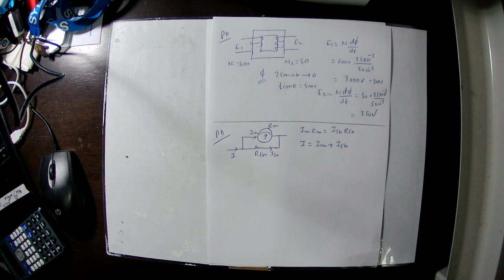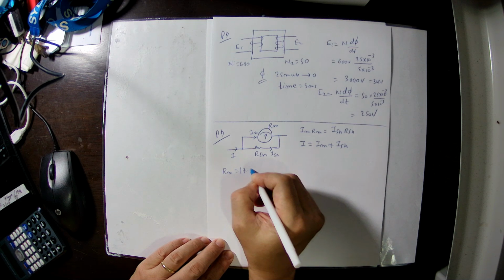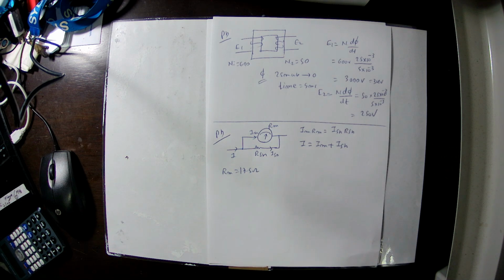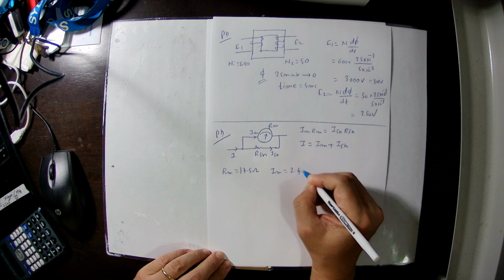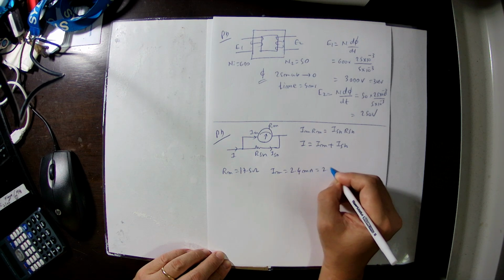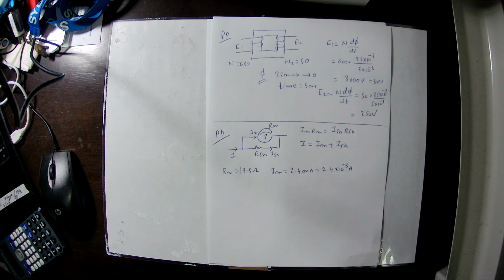Galvanometer with resistance 75 ohm, so RM is given as 75 ohm. Full scale deflection current is 2.4 milliampere, so IM equals 2.4 into 10 power minus 3 ampere. We have to calculate the resistance of the shunt required to use the meter as a 100 milliampere meter.